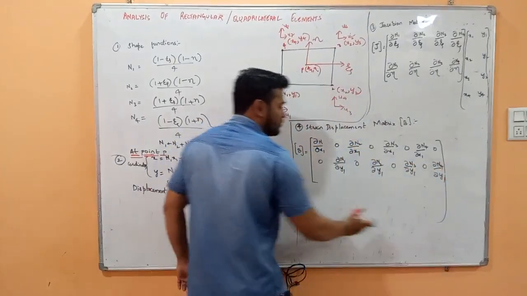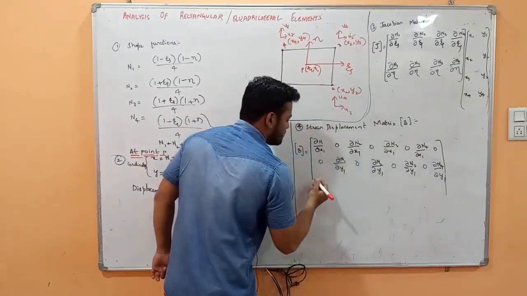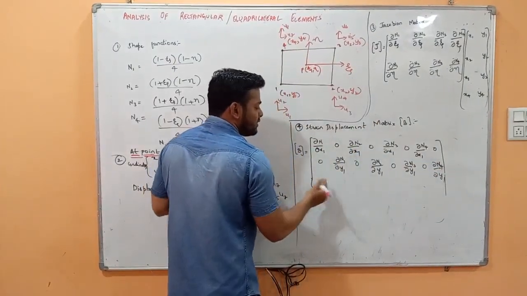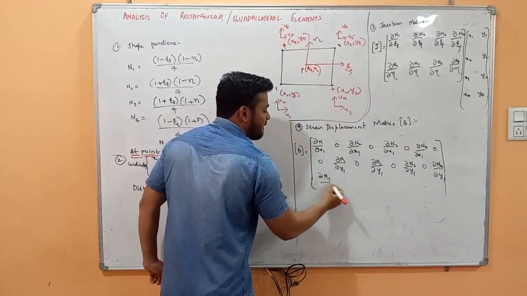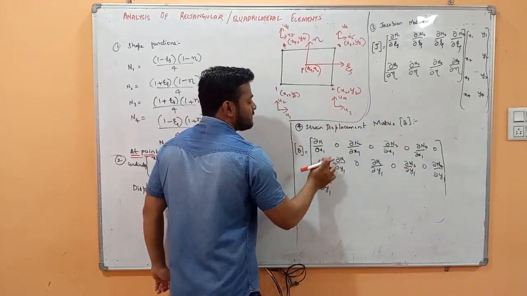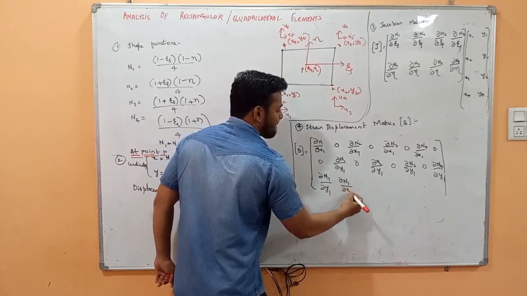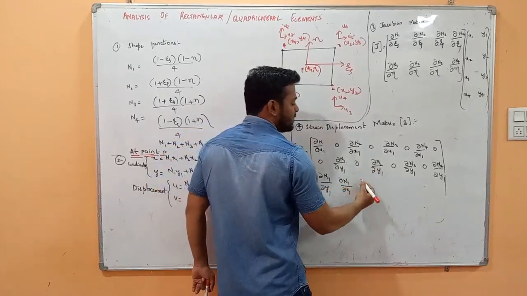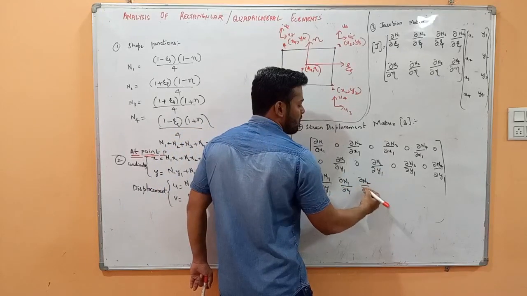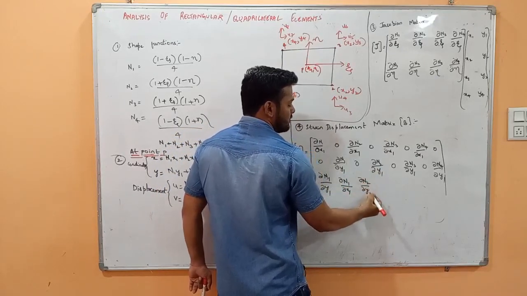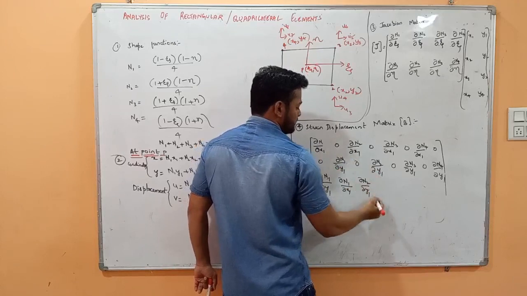And in the last row, first write down this value here. Next you have to write down this value here. Similarly, this value here, and this value here.